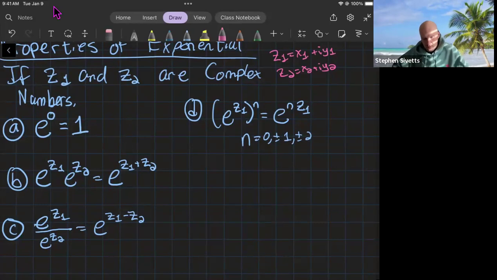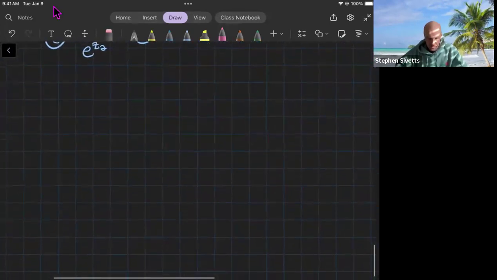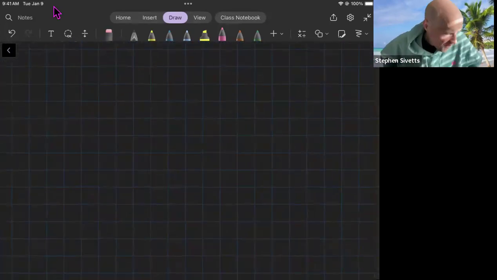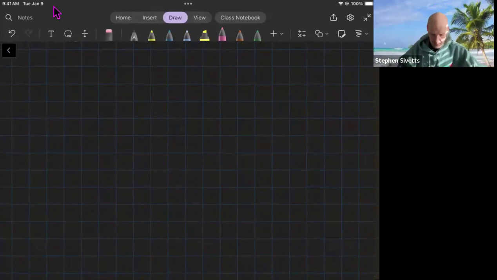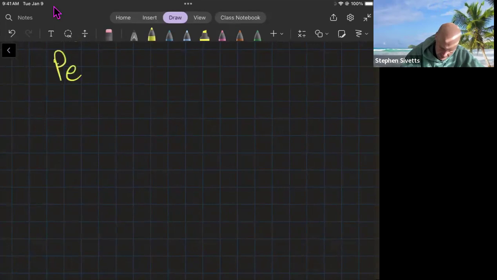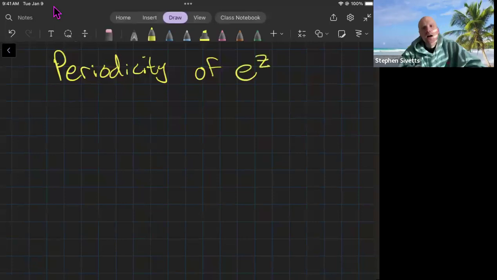Okay. So relatively easy to show. Okay. So the next thing I want to talk about is the periodicity of e to the z. So we're going to look at how inverse functions are formulated in the complex variables.